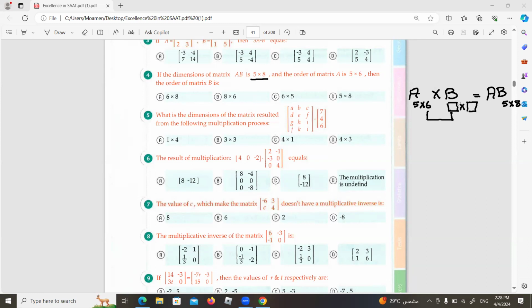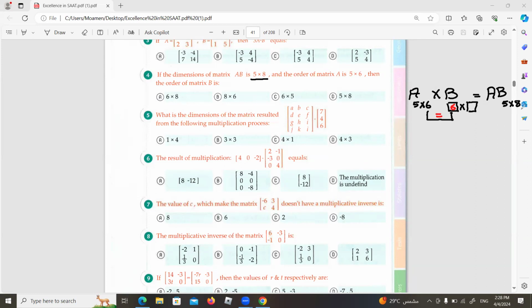So this number is 6, so this number also must be 6 to perform the operation. So first, we have to get the number of the rows of the required matrix as 6. Why, mister? Because the number of the rows must be equal to perform the multiplication operation.